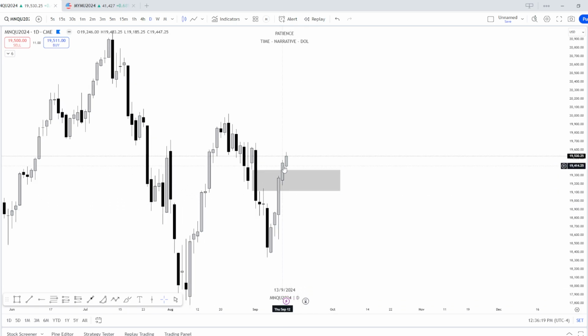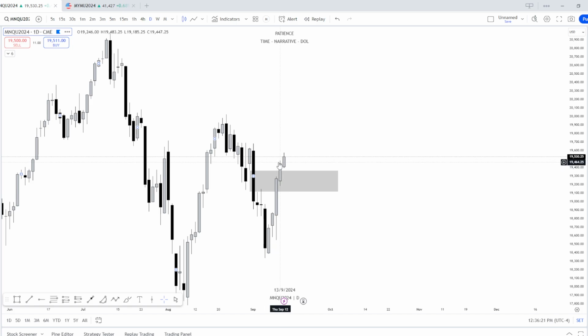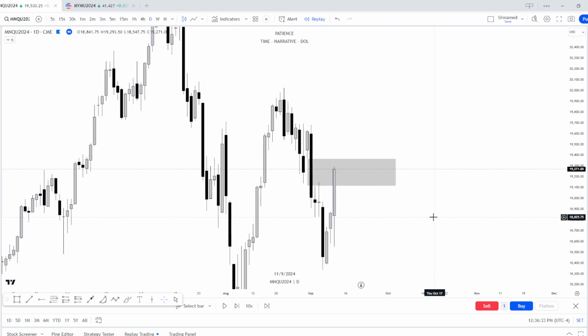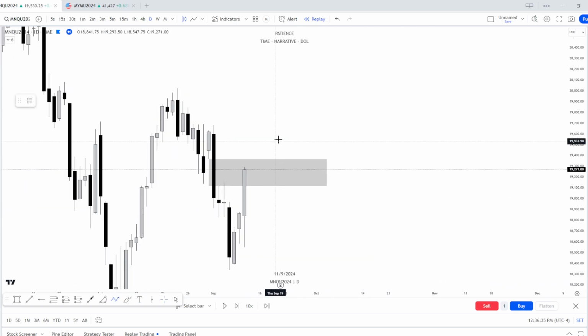When a fair value gap is closed past, that means that it is invalidated. A fair value gap can be wicked past, meaning let's say that second candle that you saw did not form yet. It is okay for price to come above this fair value gap as long as we don't close with a candle above it.